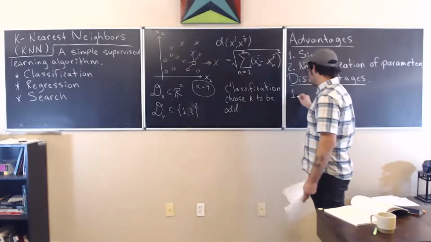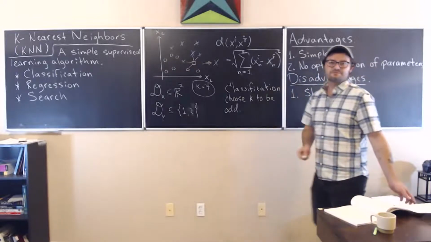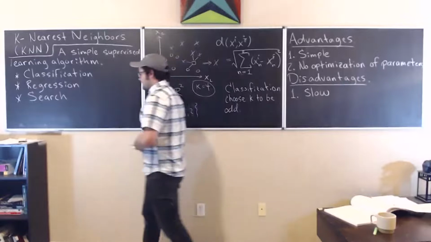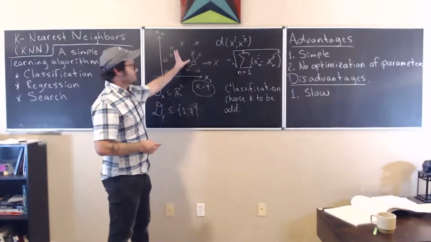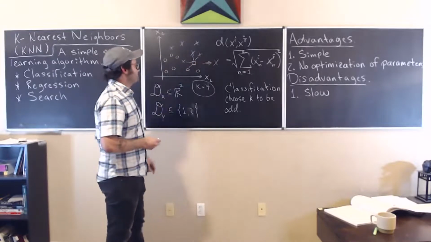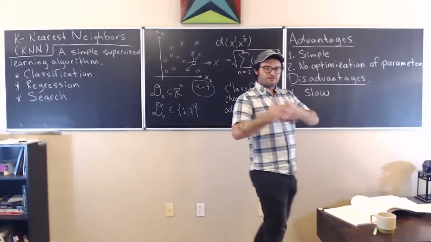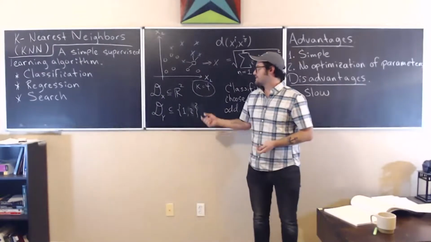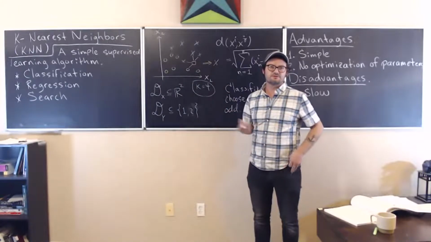I was going to write a little bit more, but I'll just write this. It's slow. So imagine that you have hundreds of thousands of data points, right? You have to keep all those data points in memory in order to calculate the k nearest points to the new point that you put in the space.